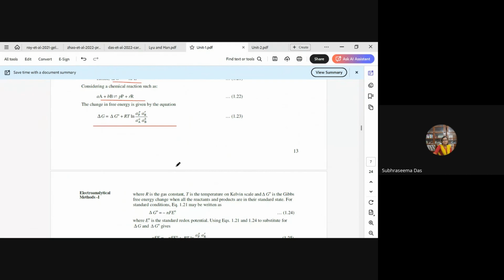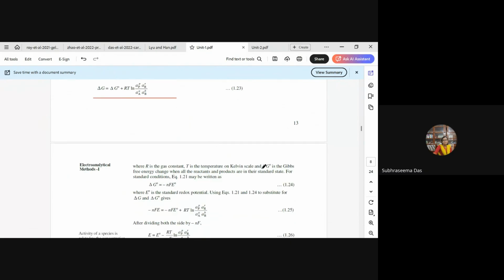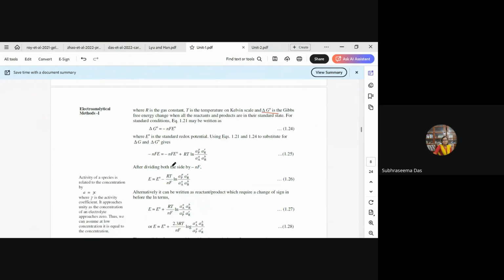Here capital R is the gas constant, T is the temperature in the Kelvin scale, and delta G0 is the Gibbs free energy change of the substances in the standard state. So now we can write delta G0 is equal to minus nFE0. Overall we can write minus nFE is equal to minus nFE0 plus RT ln of the ratio of activities.